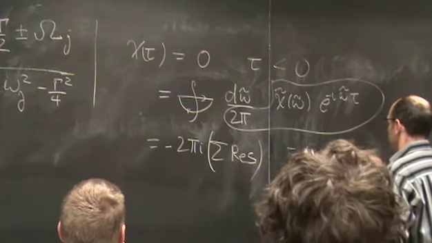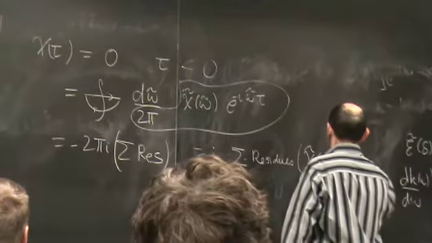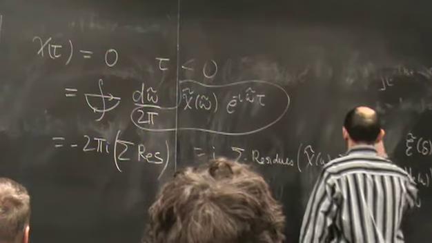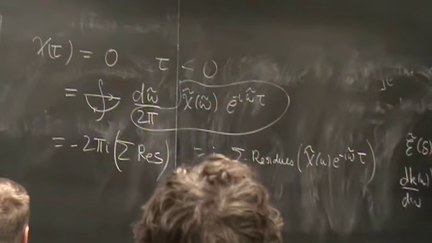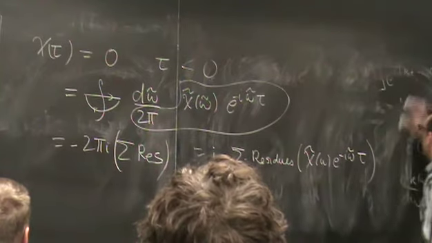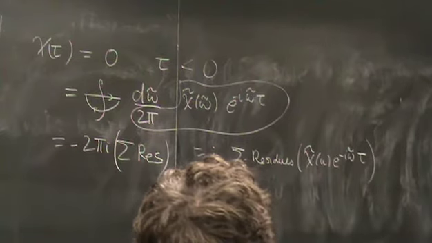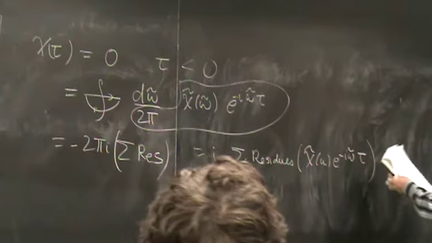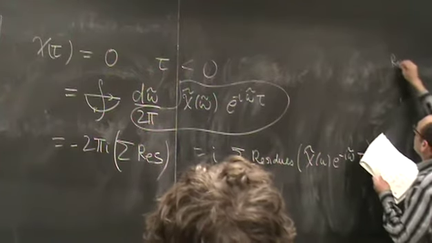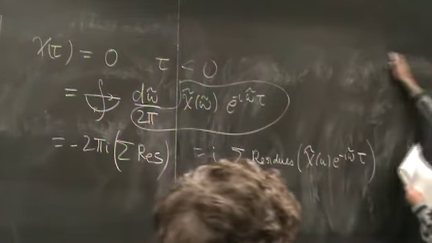Okay? So there are 2 poles and thus 2 residues. So let me write out again.